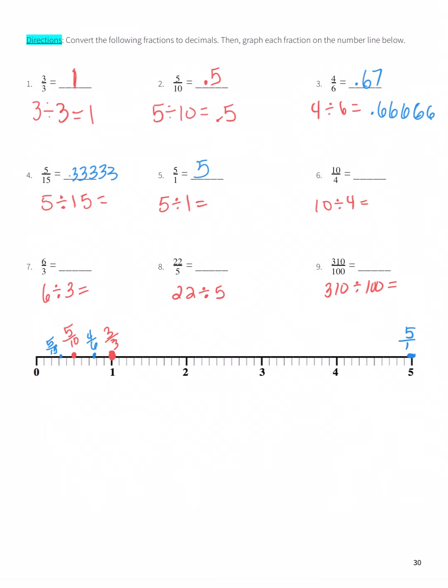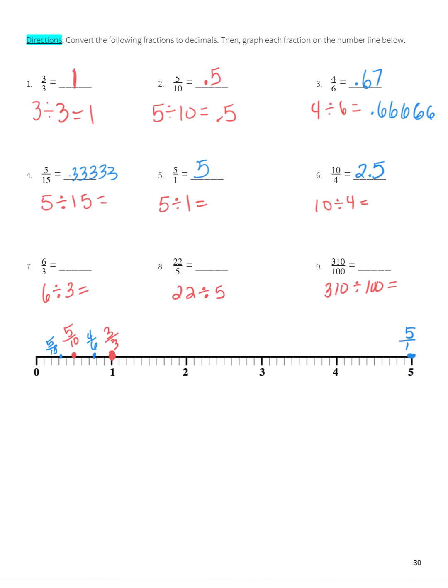Next, we have 10/4. Change 10/4 to a decimal. We do 10 divided by 4. 10 divided by 4 is 2.5. We go to 2 on the number line and over 5: 1, 2, 3, 4, 5.